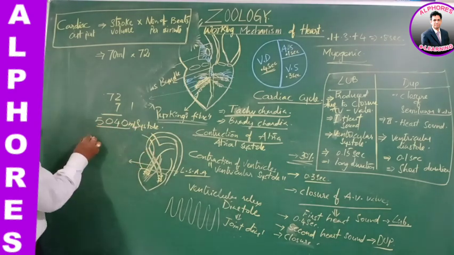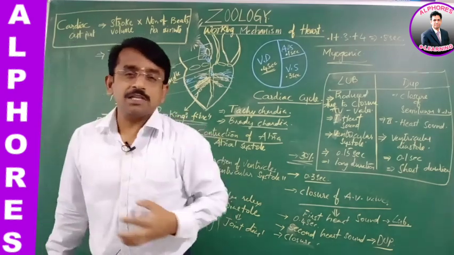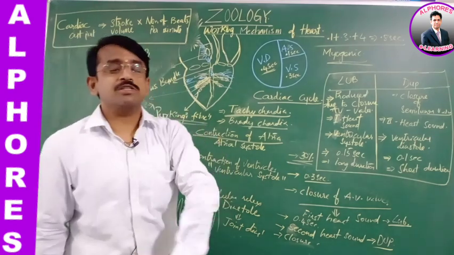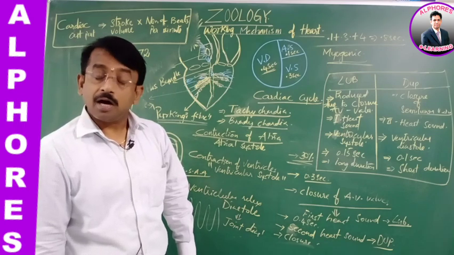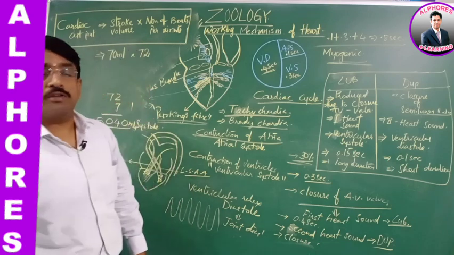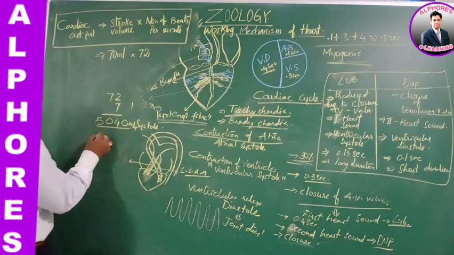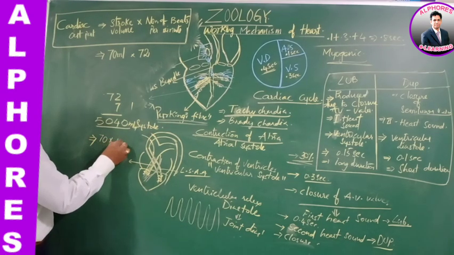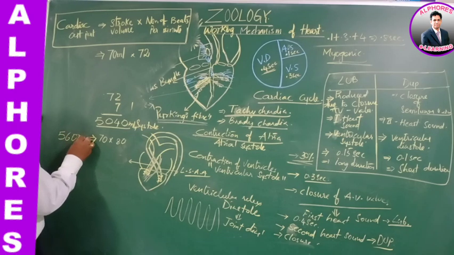Suppose an individual's heartbeat is 80 per minute, calculate what the cardiac output is. 70 into 80 will be 5600 milliliters.